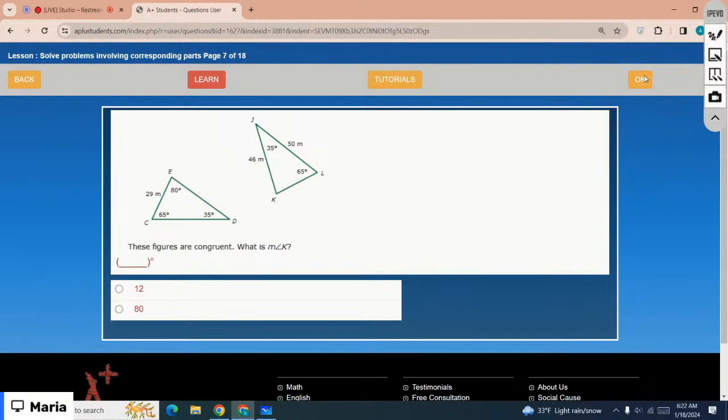These figures are congruent. What is the measurement of angle K? Which is the correct option?